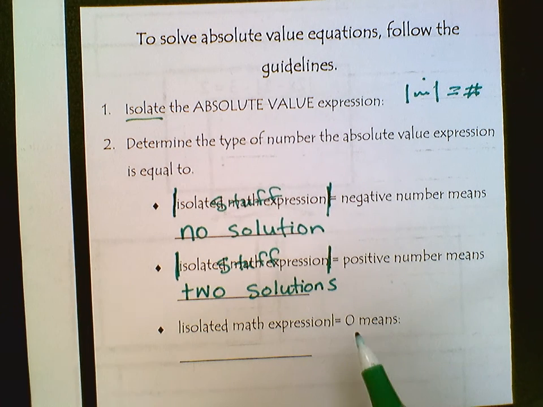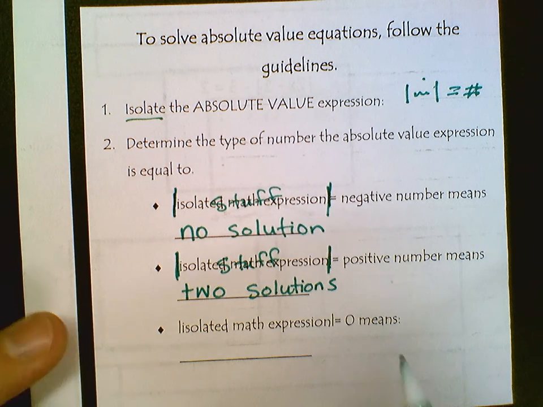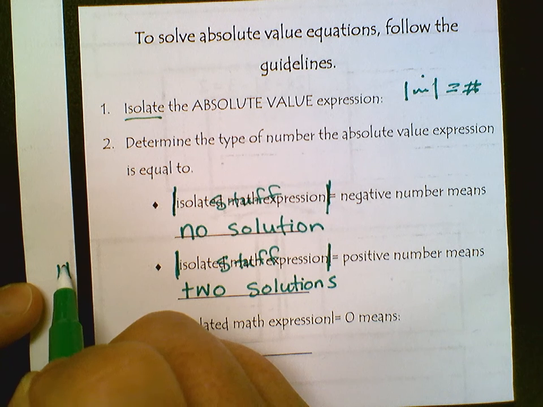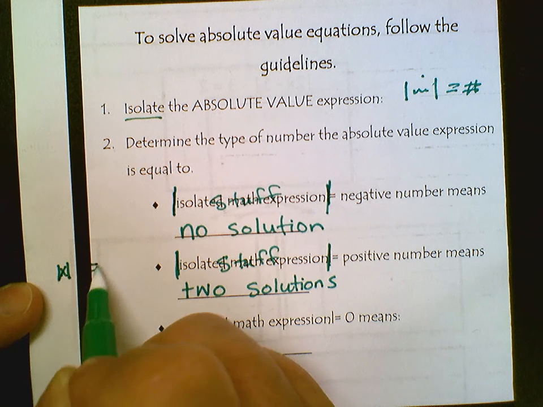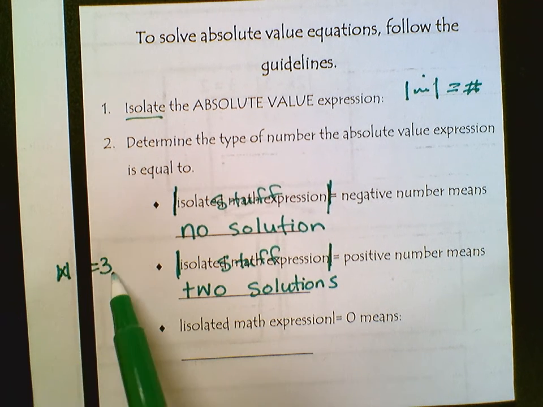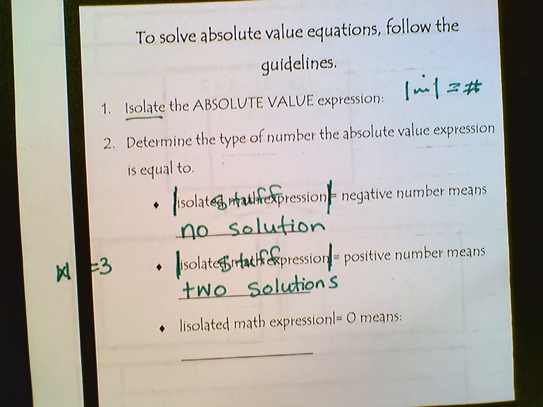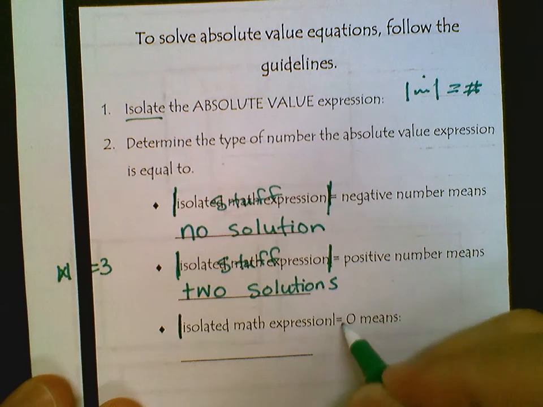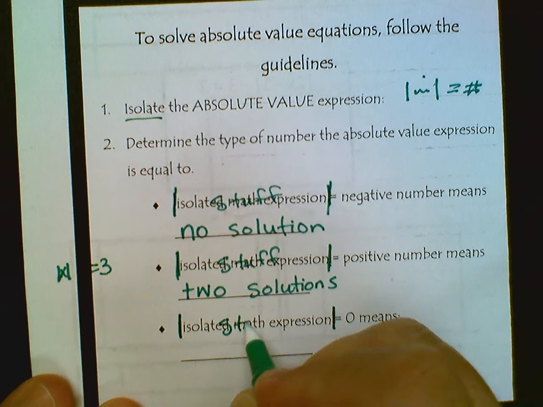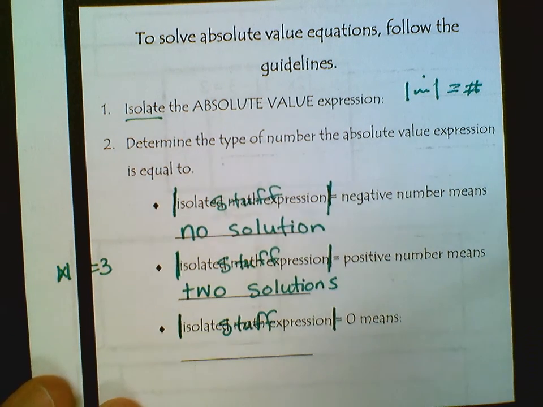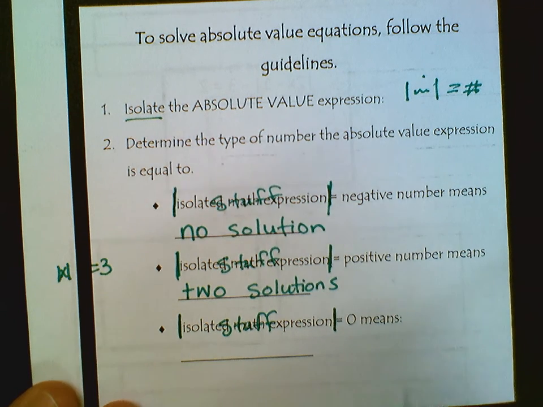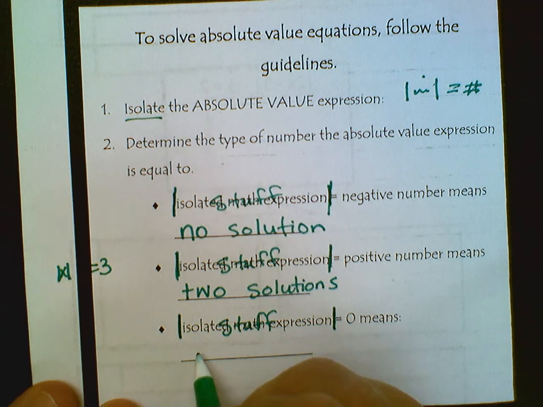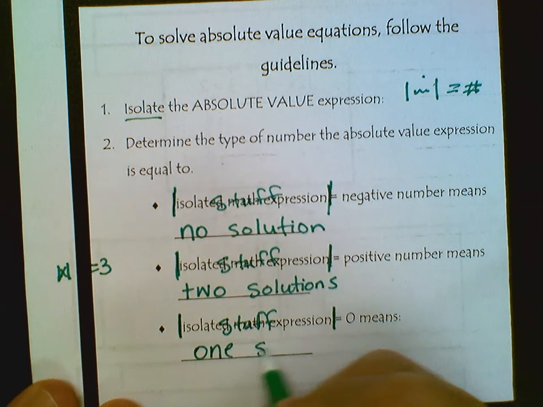That is because, for instance, if the absolute value is 3, well, -3 is 3 units from 0, and +3 is 3 units from 0. Now if we have the absolute value of some stuff equals 0, well, there's no positive or negative 0. 0 is just 0 units away from 0. So there's only one solution.